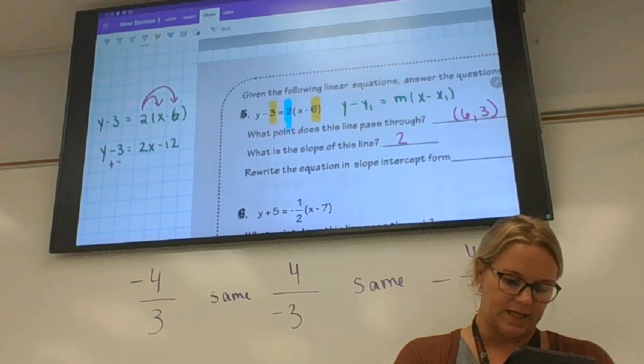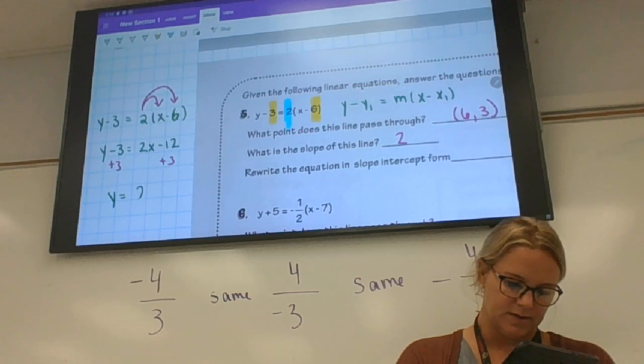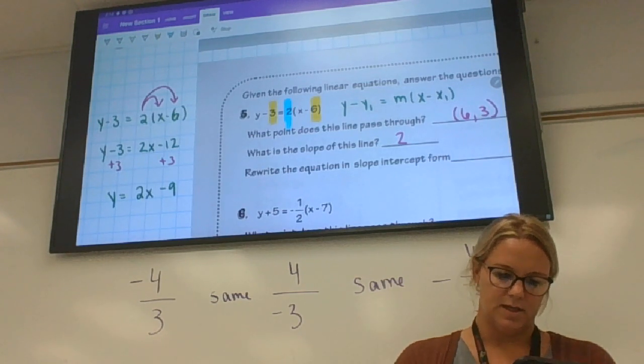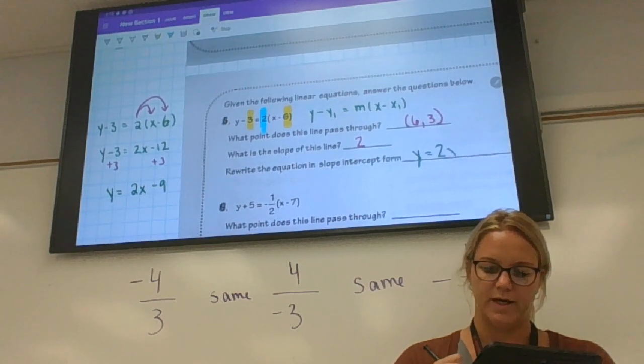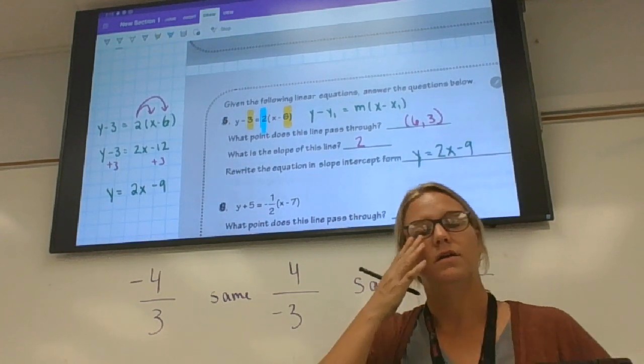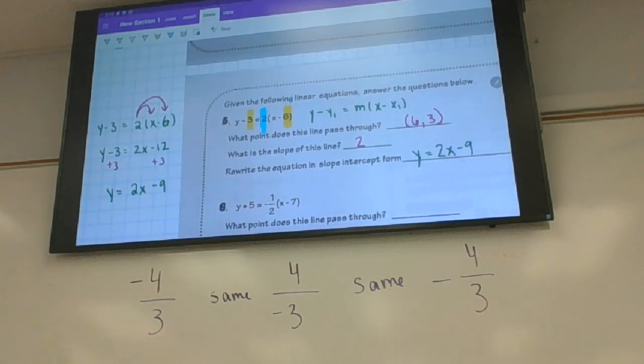And then I'm going to add the 3 to get y by itself. And this is the slope intercept form that we're looking for, where y is by itself. So it's a distribution and a combining like terms that takes you from point slope to slope intercept.